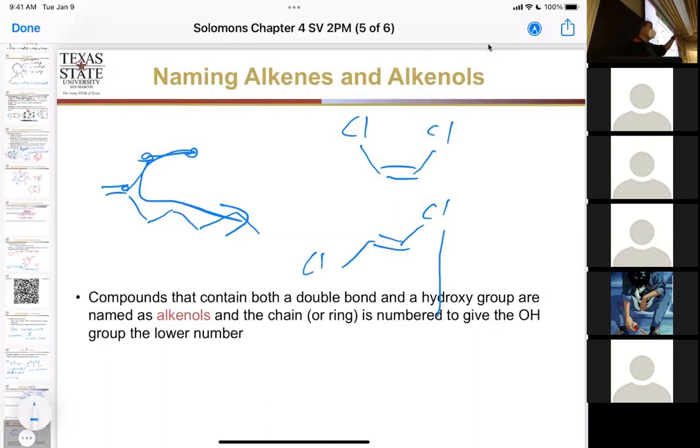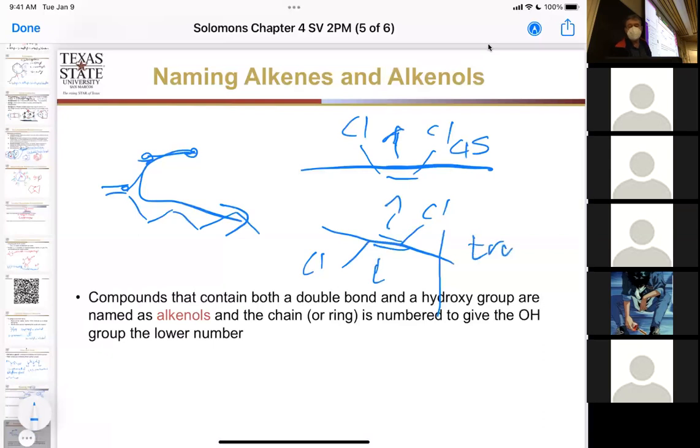If it only has 2 things attached to its double bond, we can call it cis and trans. One of them has to be attached to one carbon, and one to the other carbon. If they're both on the same side of an imaginary line, that's our cis isomer. If they're on opposite sides, one here and one here, we call that our trans isomer.